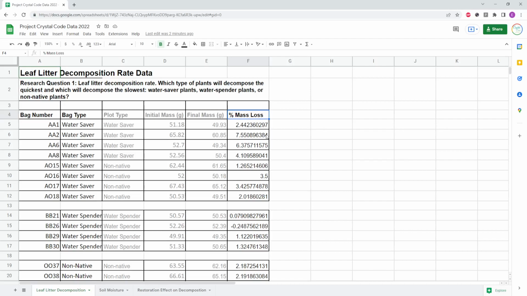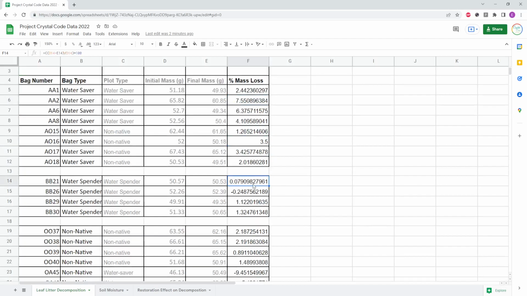This is going to be a very helpful area because it'll also help us determine the decomposition rate. With a percent mass loss, higher numbers mean that this lost a lot of mass or decomposed more. And other numbers that are much smaller will show that there wasn't as much decomposition happening.